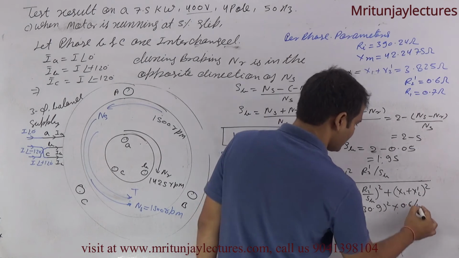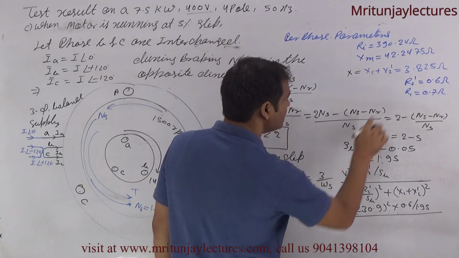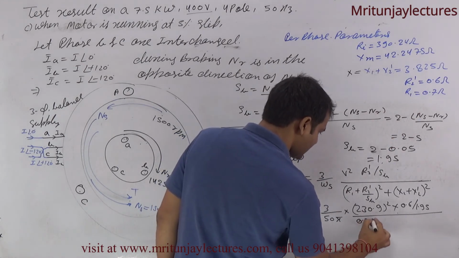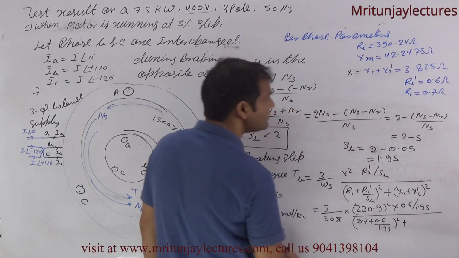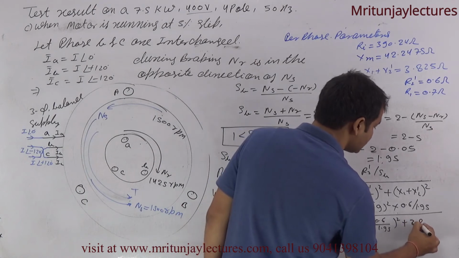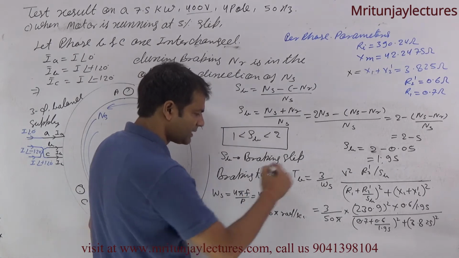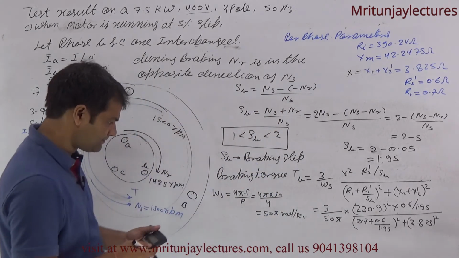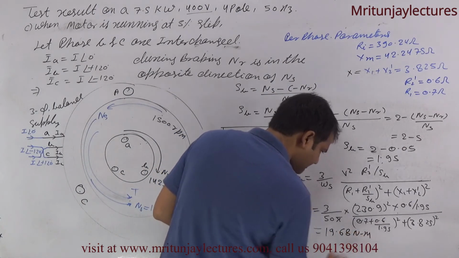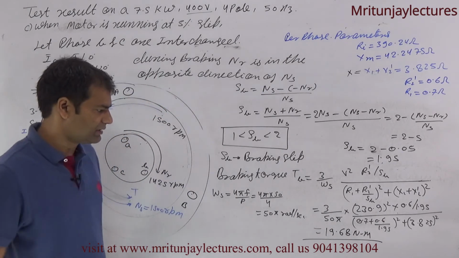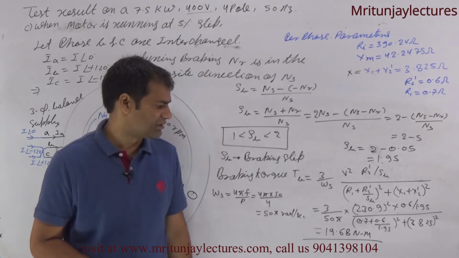SB is 1.95, whole divided by R1, that is 0.7 plus 0.6 divided by 1.95 to the whole square plus X1 plus X2 dash, that is 3.825 to the whole square. Okay. That is 19.68 Newton meter. It is clear. That is braking torque, 19.68 Newton meter.